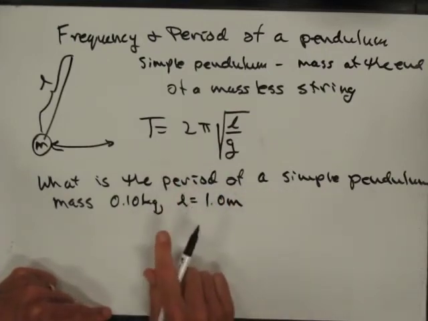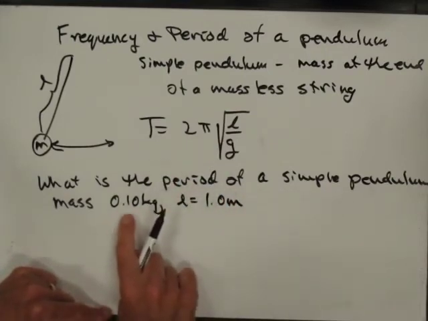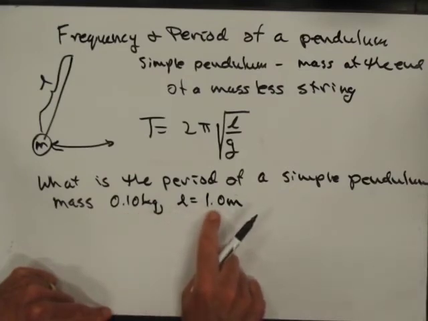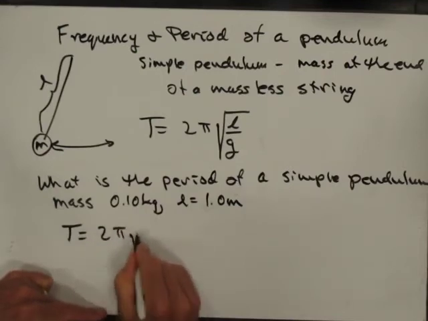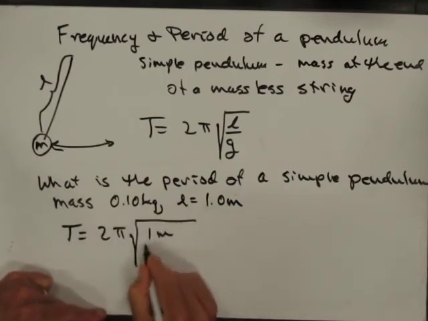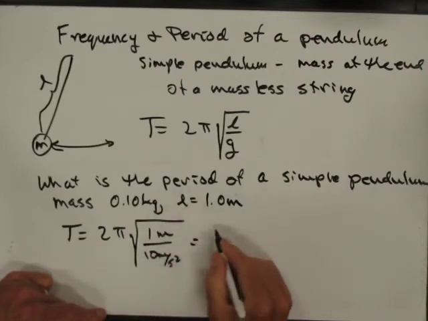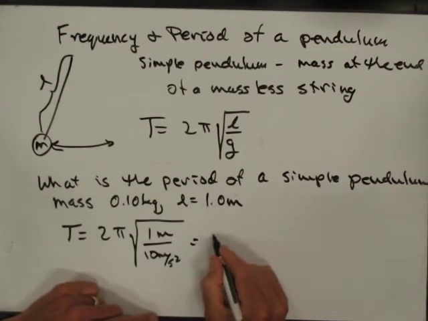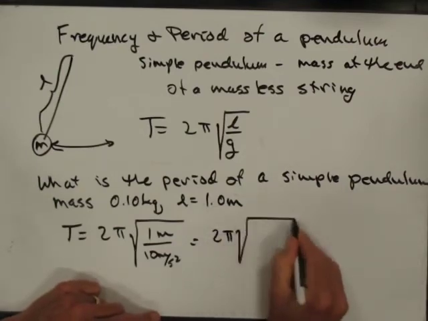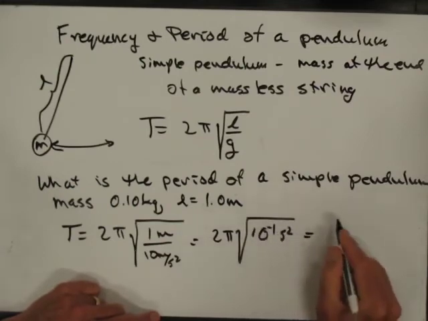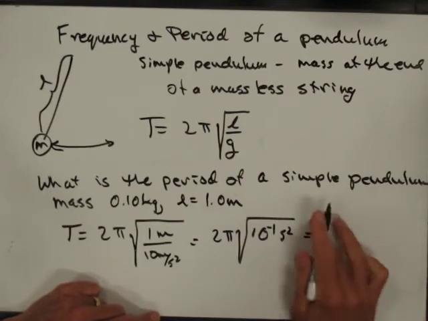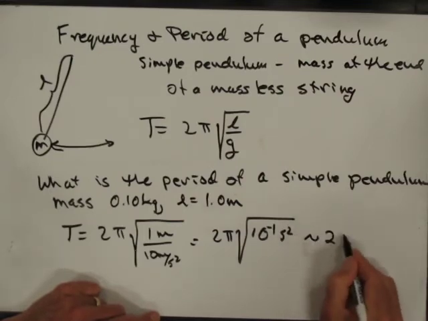So we're going to pick a simple pendulum with a mass of 0.1 kilograms and a length of 1.0 meters. And so the period is equal to 2 pi times the square root of 1 meter over 10 meters per second squared, right? Which is equal to 2 pi times the square root of 10 to the minus 1 second squared, which is approximately 2 seconds.